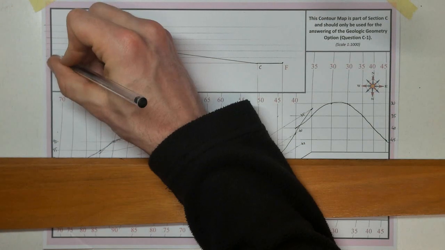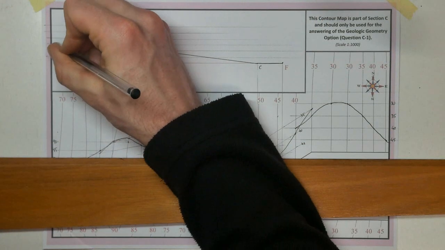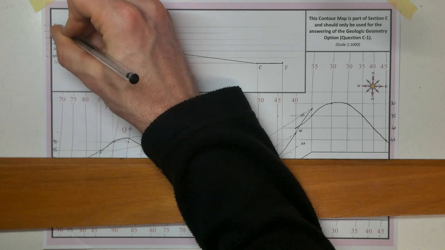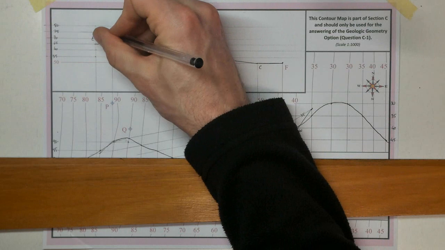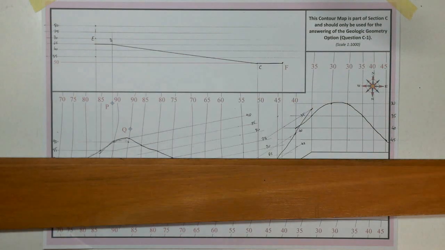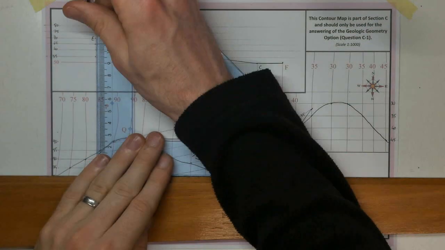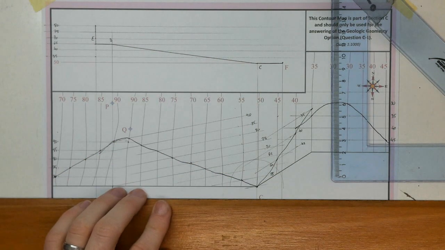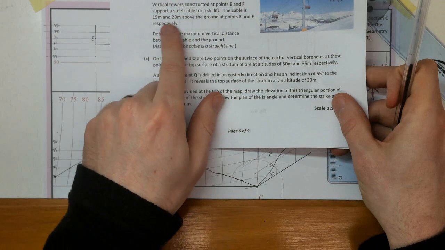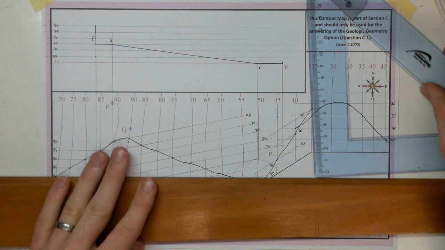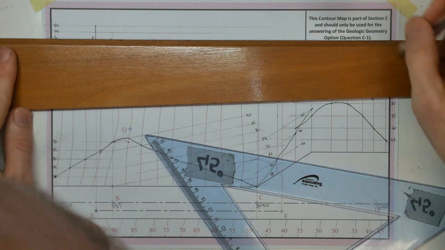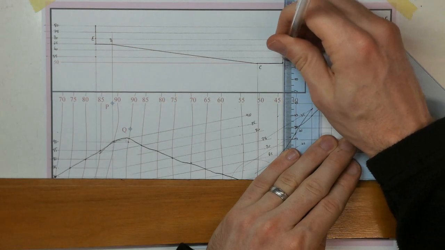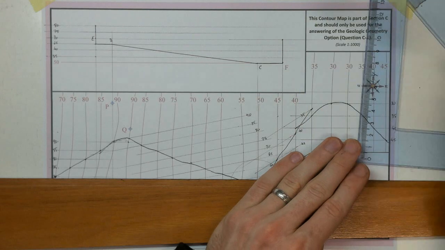So 55, 60, 65, 70, 75, 80. Okay, and it's up 15, so that's the height of the tower there. Okay, and at F, it's at a height of 20. So F here, we're on upper height of 20. That's the height of the tower there.